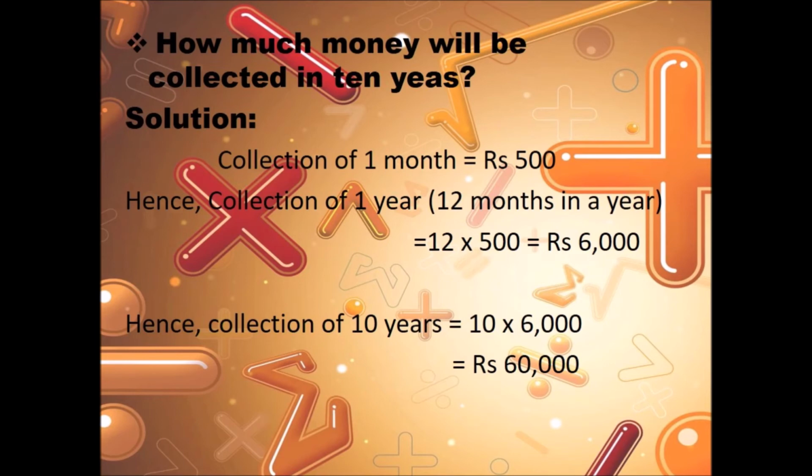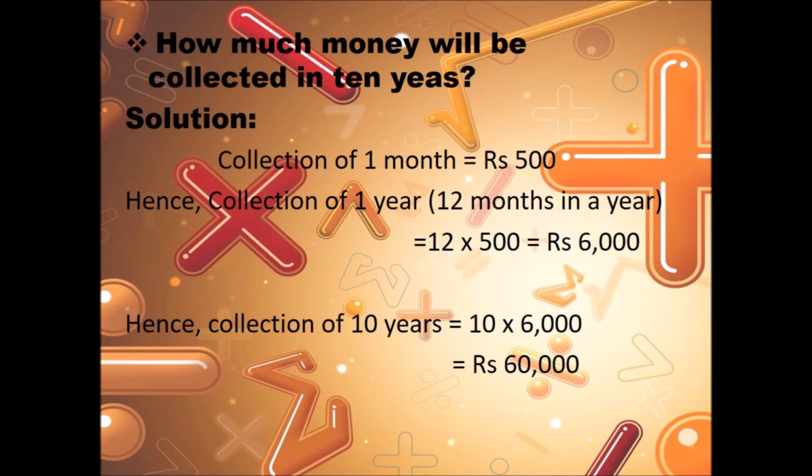That is, the collection of 1 year is rupees 6,000. But in the question, they have asked the collection of amount in 10 years. So, we have to multiply the 6,000 by 10, you get 60,000.